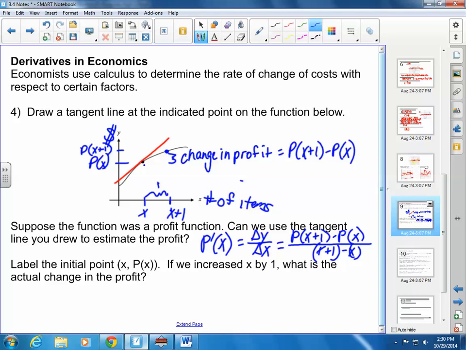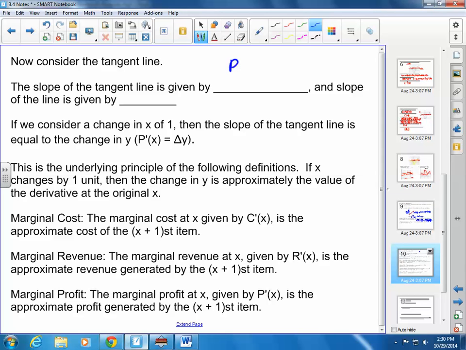So p of x plus 1 minus p of x over your change in x, which is 1. So it's change in y, p of x plus 1 minus p of x over x plus 1 minus x, which is 1. The slope of the line is given by that derivative function. It's just re-saying what I just said, actually.